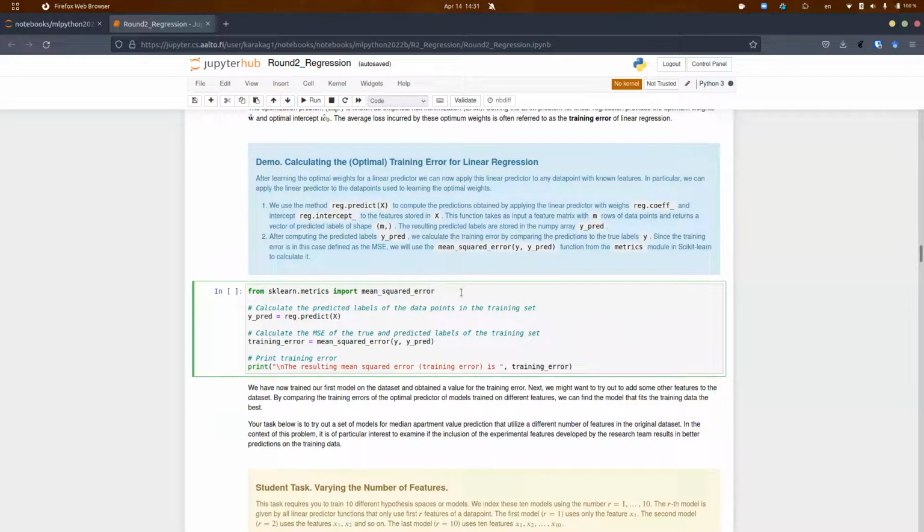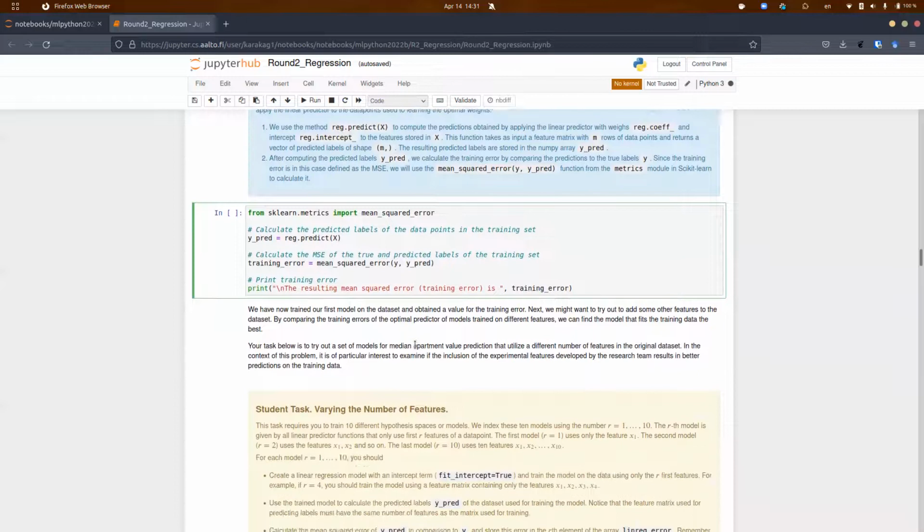Then, since we use a mean squared error, we can use it in order to see how good the model is. For example, we could compare it to other models. The training error is the mean squared error based on the true labels and the predictions.